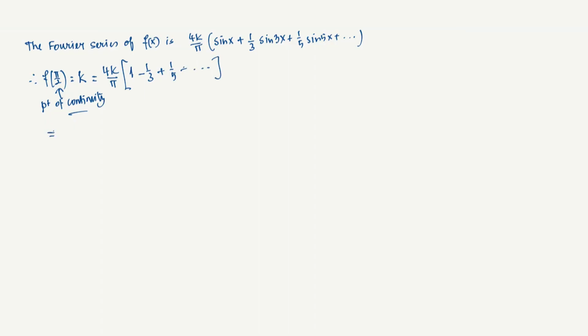So this will actually give you 1 minus 1 by 3 plus 1 by 5 minus 1 by 7. This series, the sum is given by pi by 4. The series converges, of course, and then you can say that this is positive, so it gets cancelled, it becomes pi by 4.